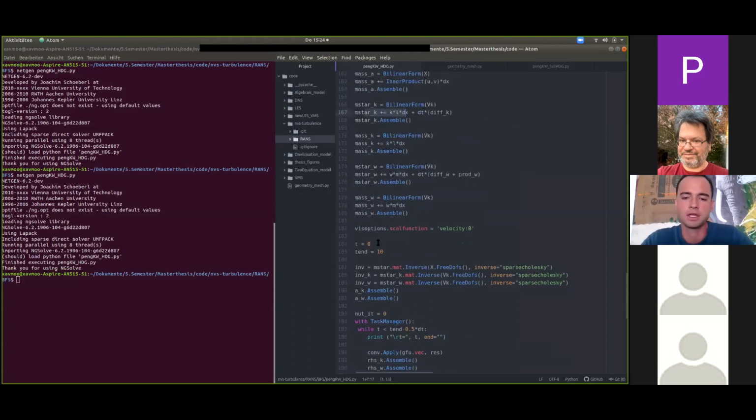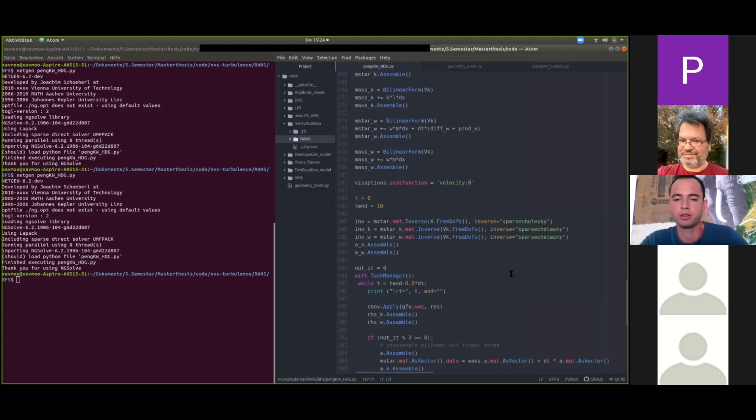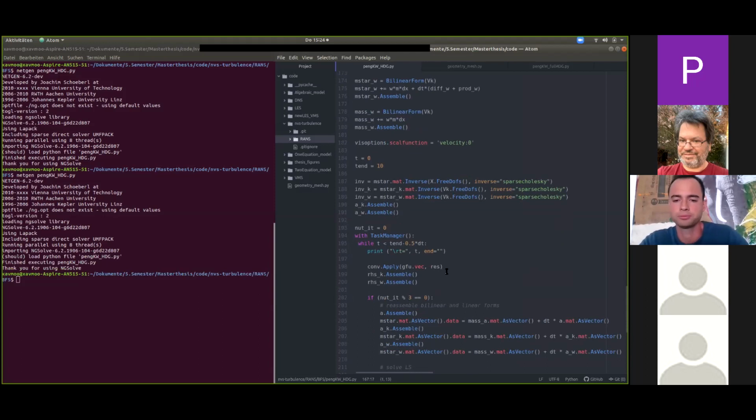Then we define our start time, our end time, and the corresponding inverse matrices. Since we now have a symmetric problem and we got rid of this 0 block, we are able to use the sparse Cholesky solver to compute better in parallel.